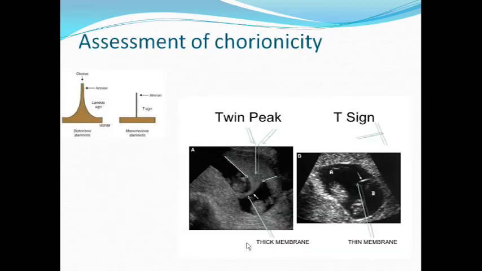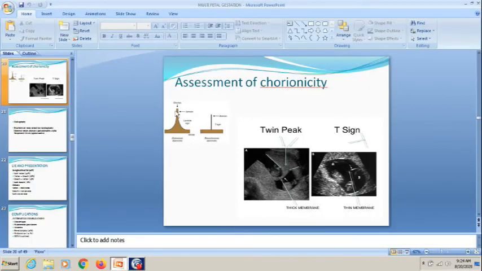So here you can see this projection in the dichorionic twin. It consists of 4 layers, 2 chorions and 2 amnions. This is known as the lambda sign or twin peak sign.